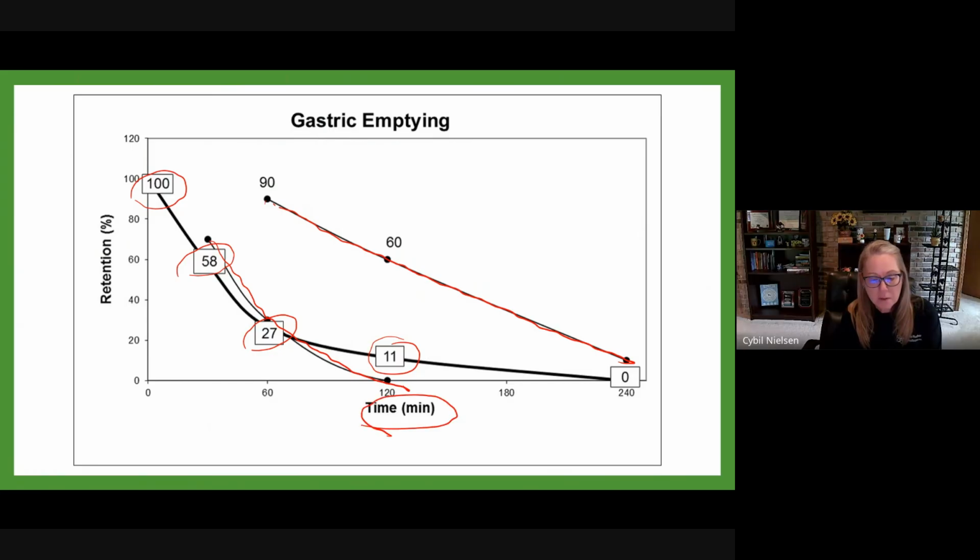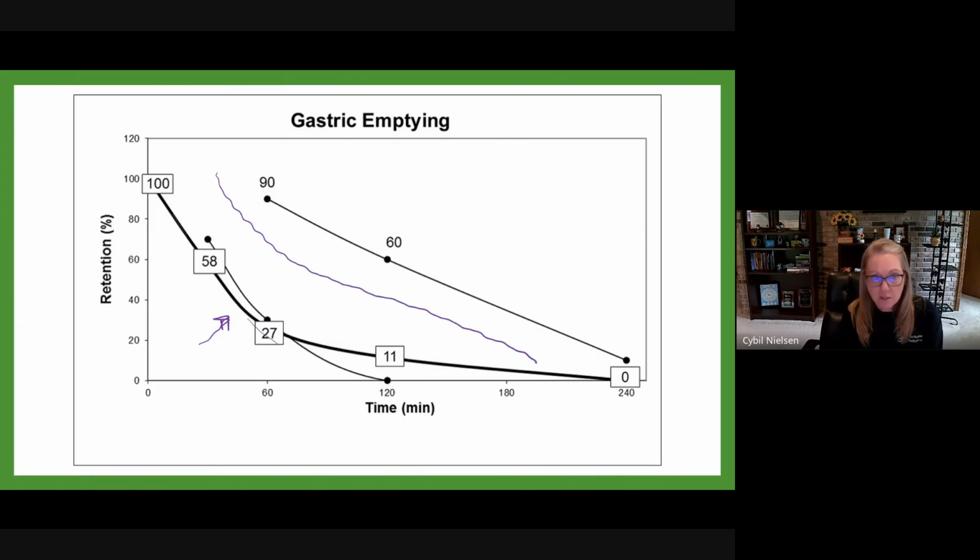This is time, and this is the patient's emptying. Right here is the patient's emptying. This is the upper limit, and this is the lower limit. So it's outside of that limit, and since it's outside of that limit, it's going to be abnormal. Since it's on the left side, that means that they're emptying too quickly. So the curve needs to be between the two normals, and it's outside of it.